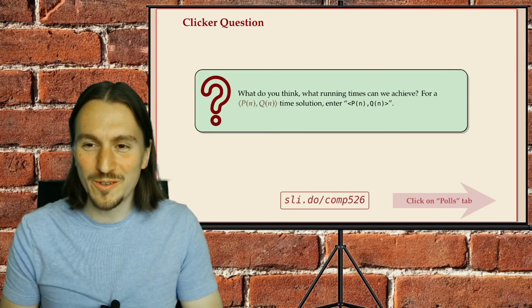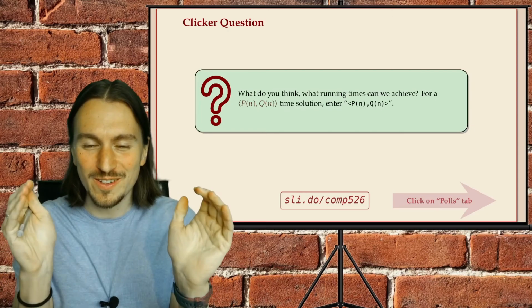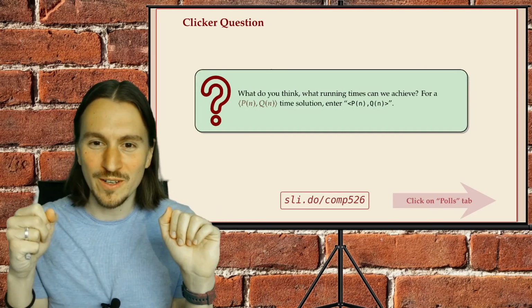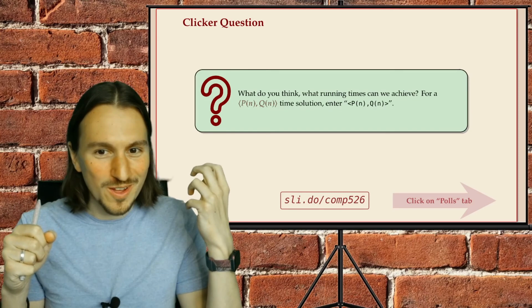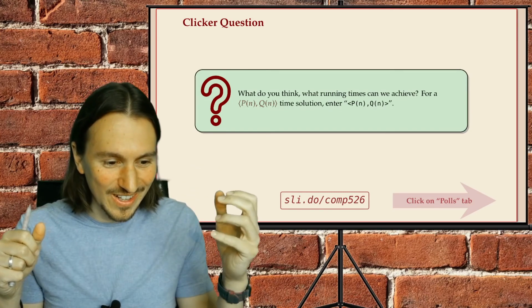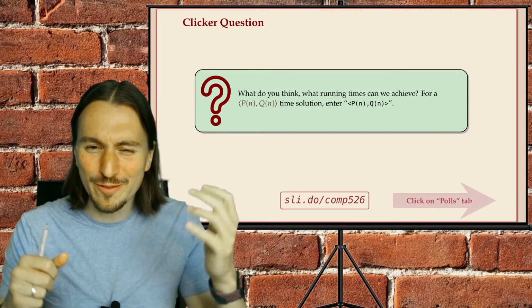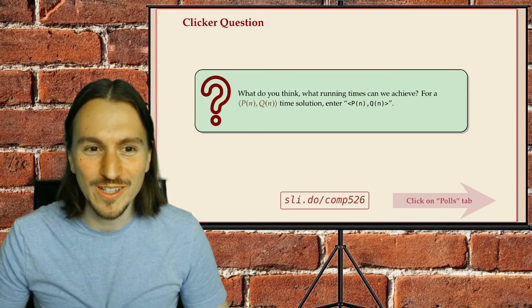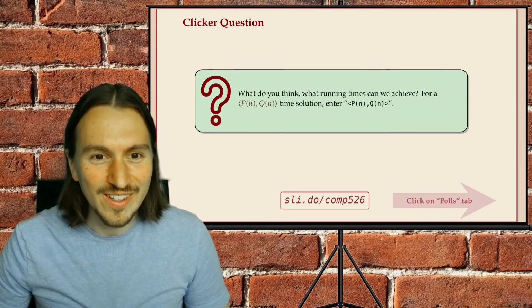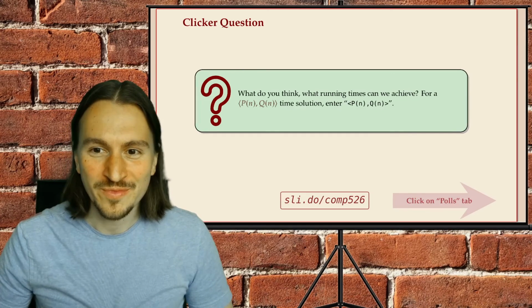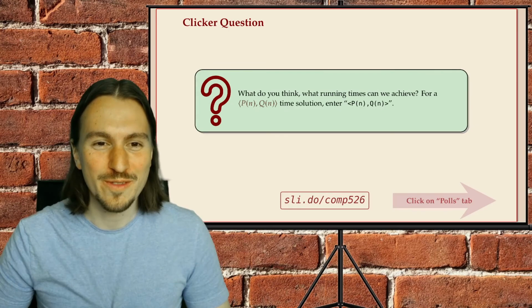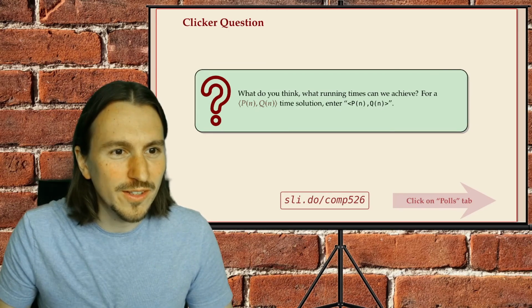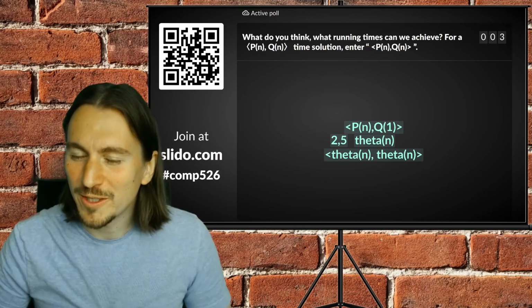For example, you could write angle brackets of theta square root n comma theta n to the 5 or so. Obviously, these don't make sense. I don't want to give you any anchor so that you're free to come up with the answers any way you like. And I think you can see the answers anyway, so I might as well show this.